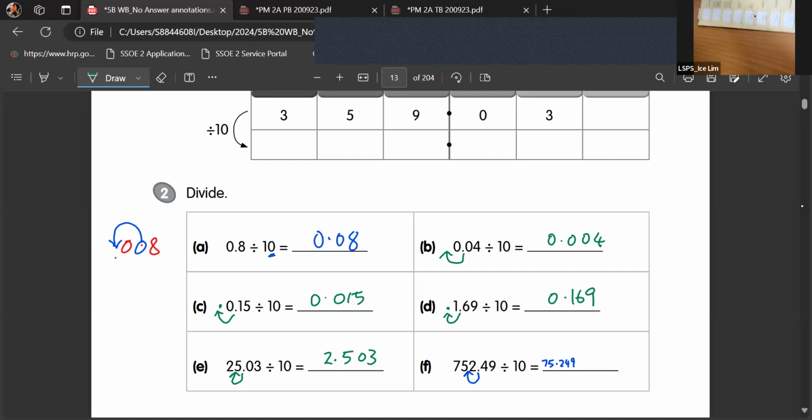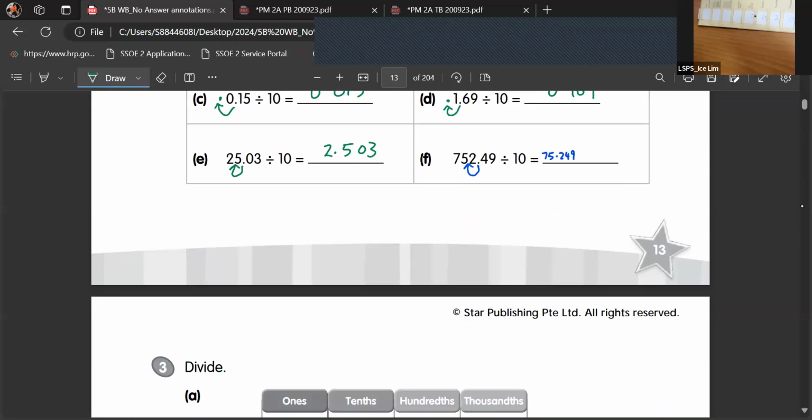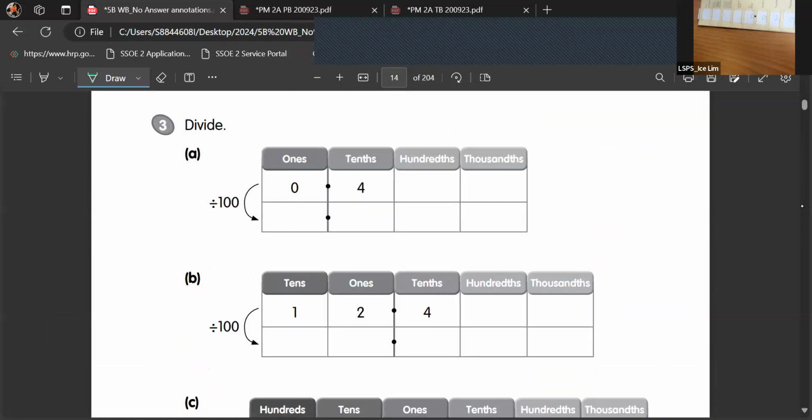Okay, I'm moving on to the hundreds one. For the idea of place, I will move the number 4 one place, two places. It's 2 places, divided by 100. So it's here, then I'll pop in the zeros.